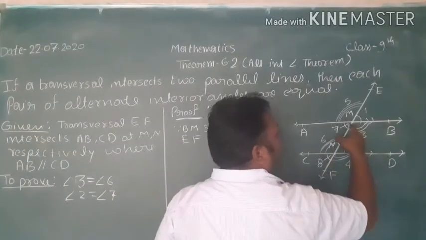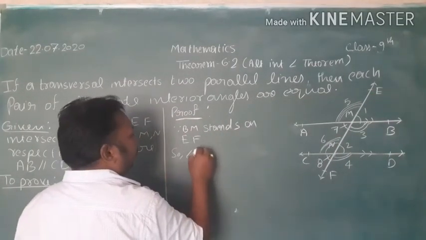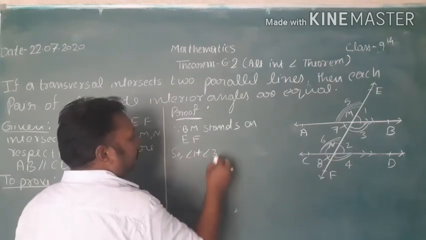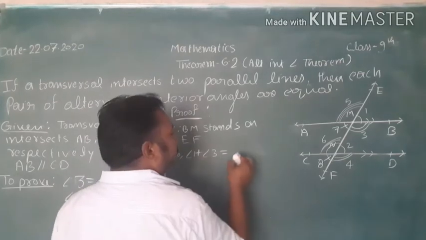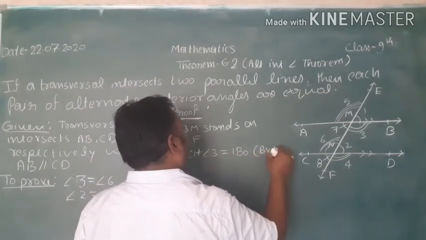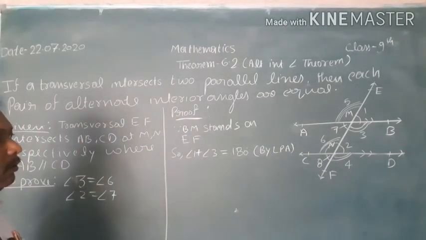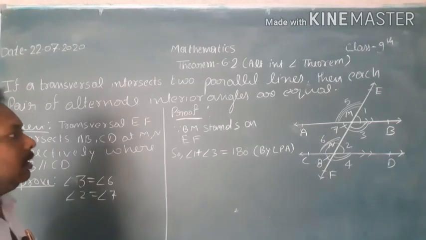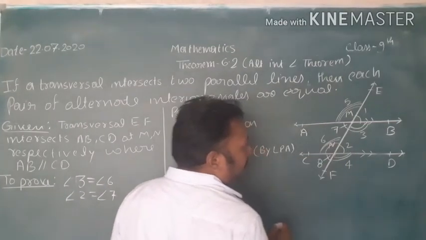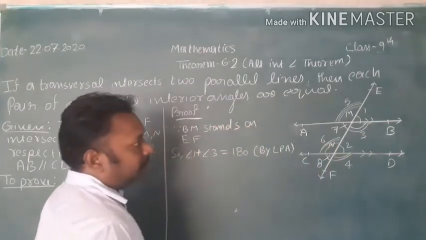This line BM stands on EF. So angle 1 plus 3 equal to 180 by LPA. And we also write down 2 plus 6, because we have to prove 3 equal to 6.